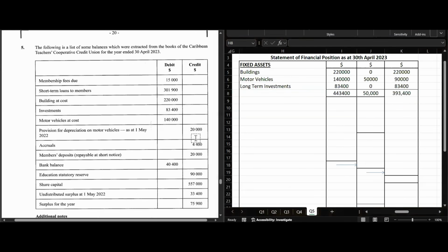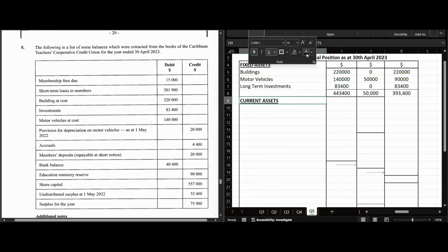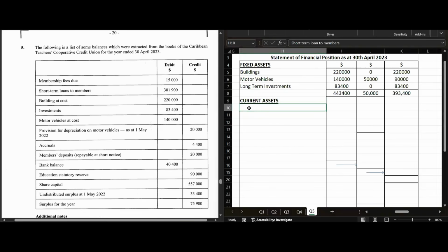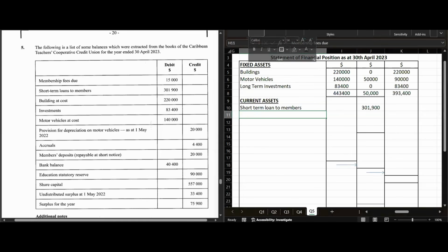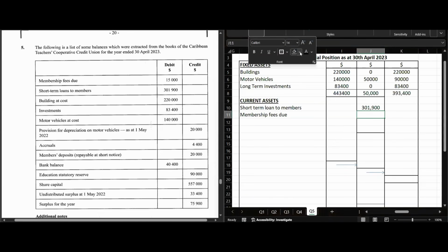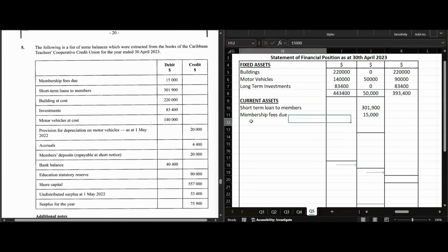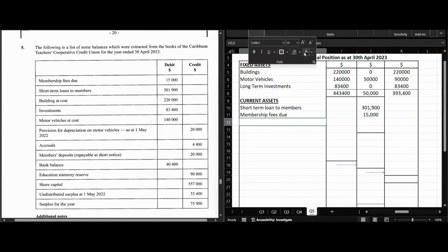All right, good job. All right, guys, how are the current assets coming up next? Let's put it in. Short-term loans to members. Membership fees due. Prepaid expenses as well.